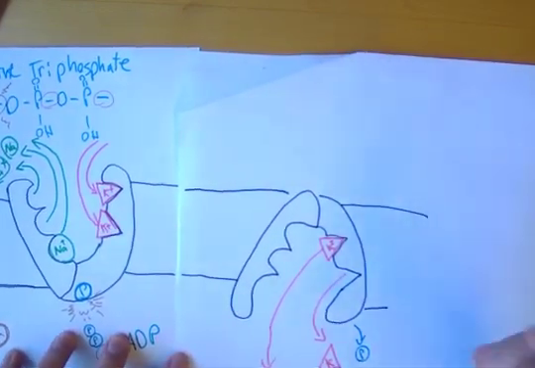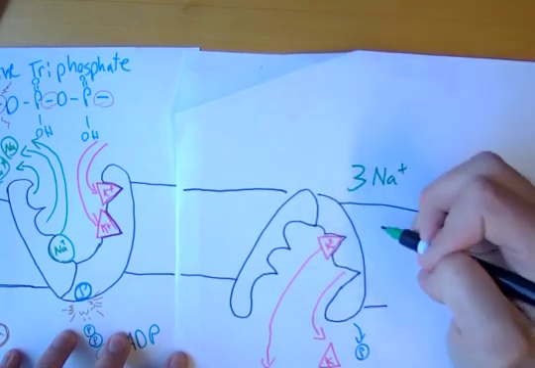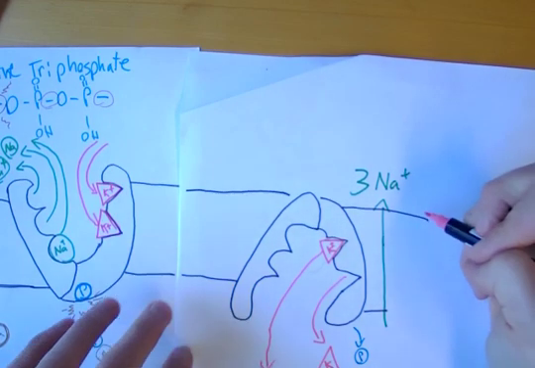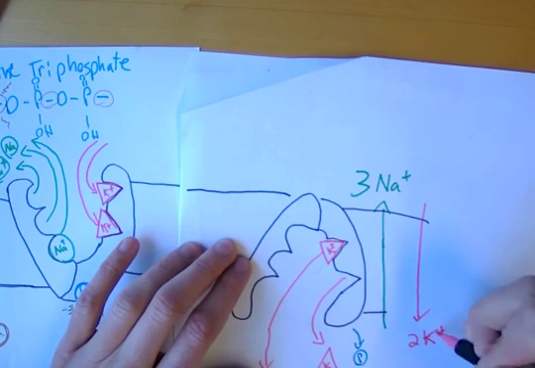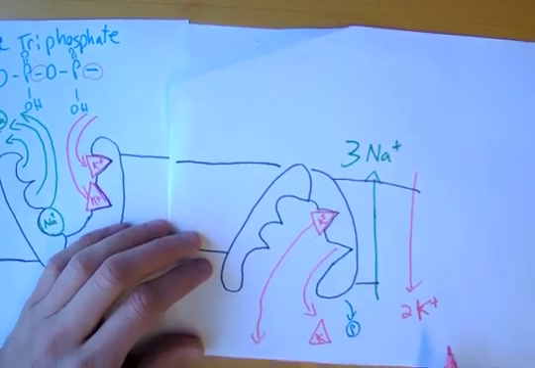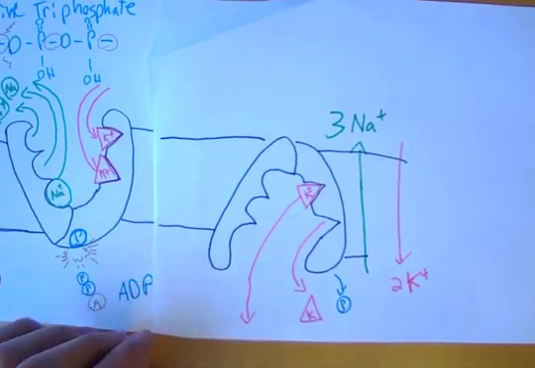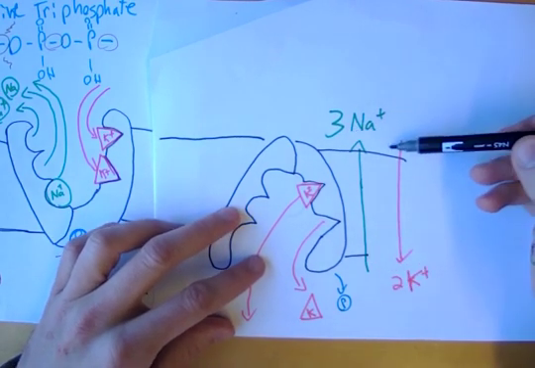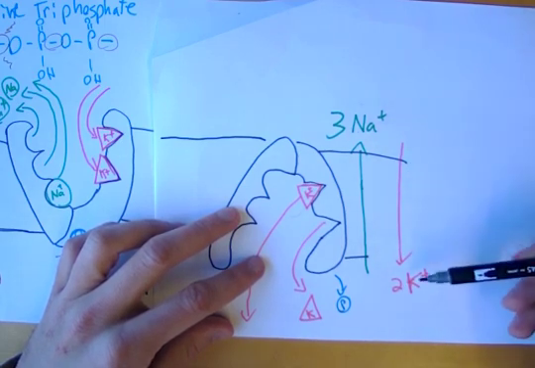So, with one sort of cycle of our sodium-potassium pump, we have taken 3 sodium out of the cell, and we have moved in 2 potassium. And so if we're thinking about our intracellular space, we've subtracted 3 and we've added 2. -3, +2.